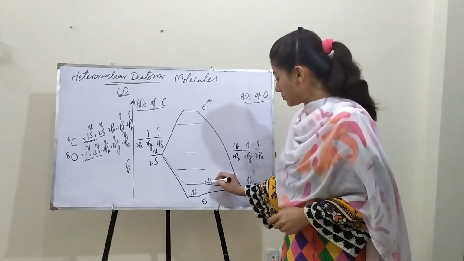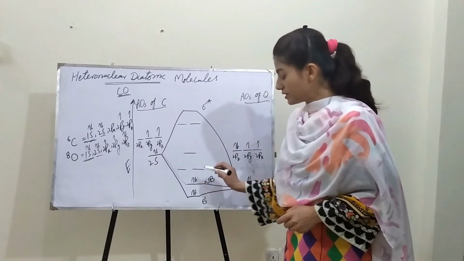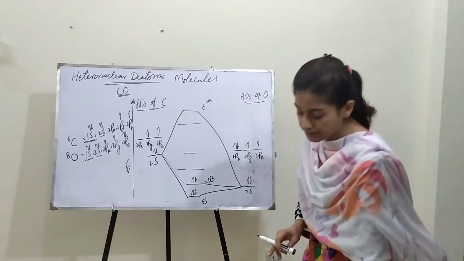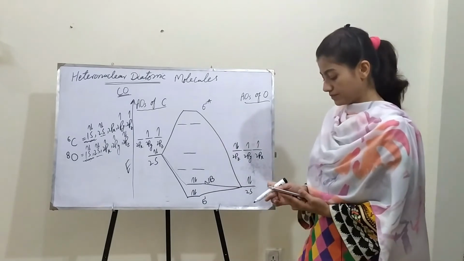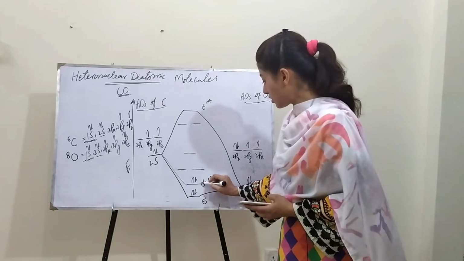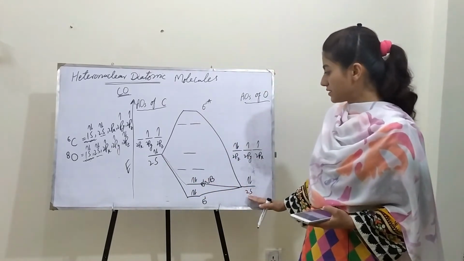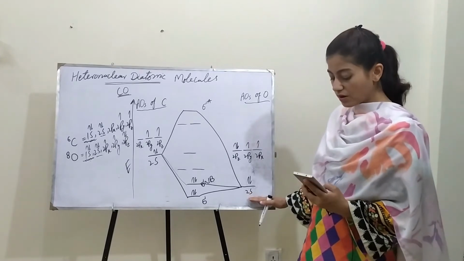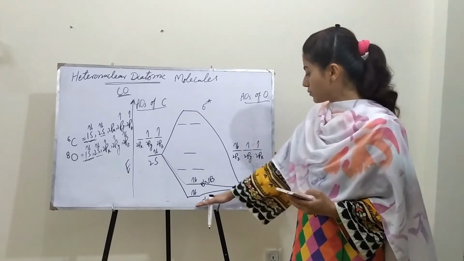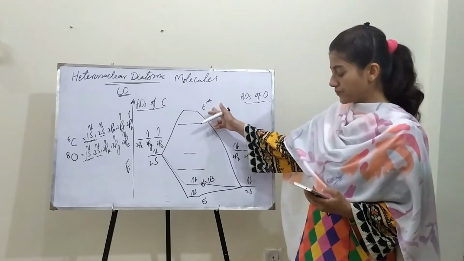This is a non-bonding molecular orbital and it is also filled with 2 electrons. That is sigma non-bonding. When 2s interacts with this 2s orbital, it forms 1 sigma and 1 sigma star.